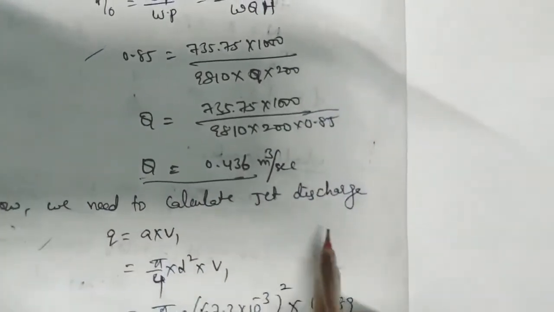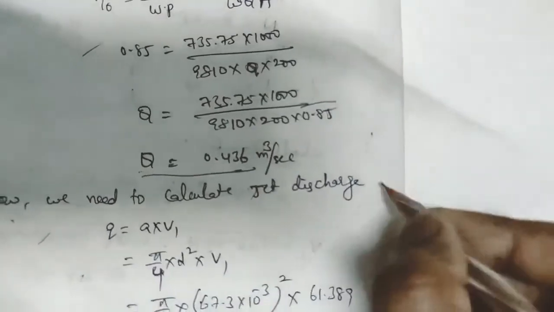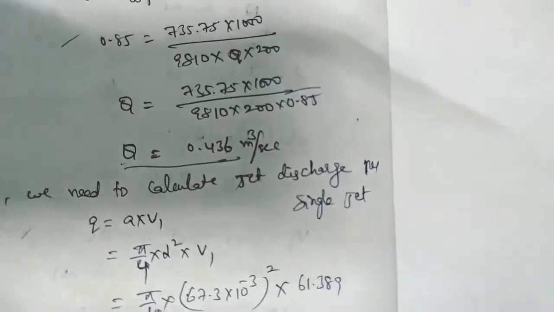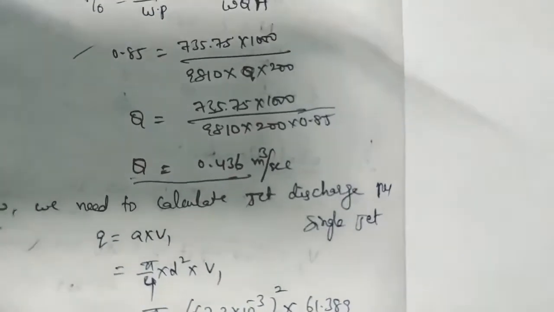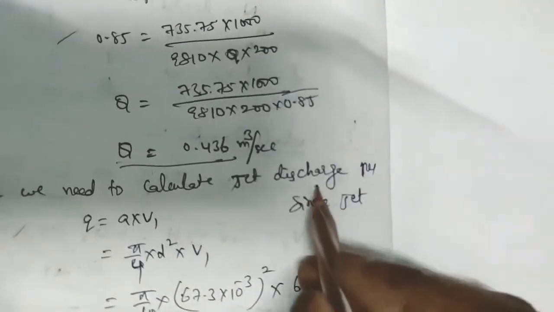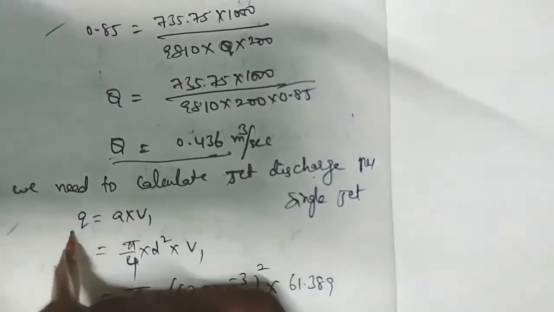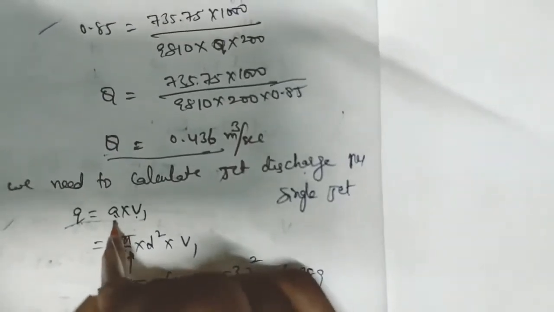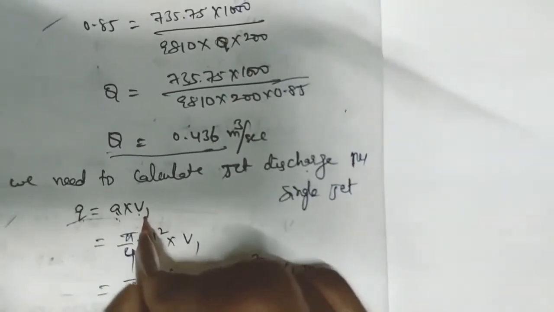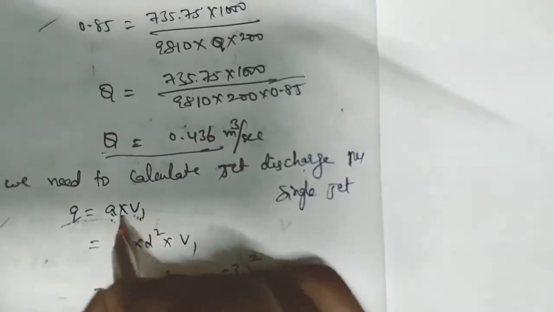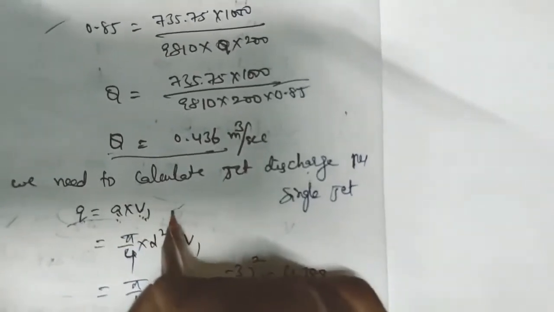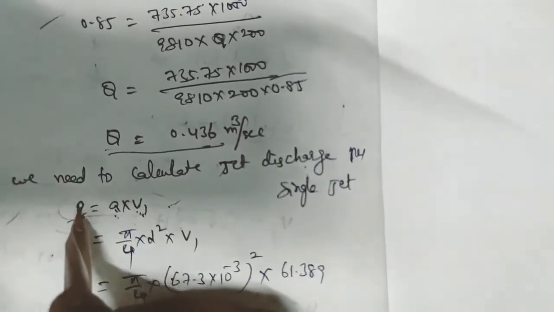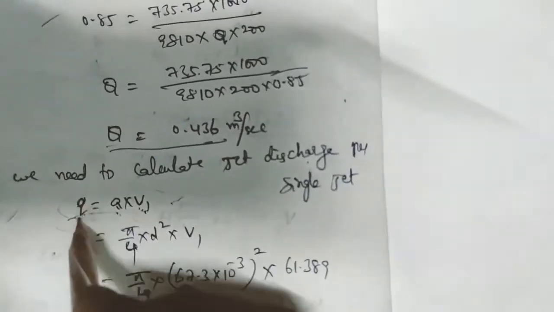Now we need to calculate the jet discharge per single jet. How much water a single nozzle discharges is calculated using this formula. As we know, discharge Q equal to AV, where A is the nozzle area and V is the velocity of water that comes from the nozzle. This value is denoted small q.